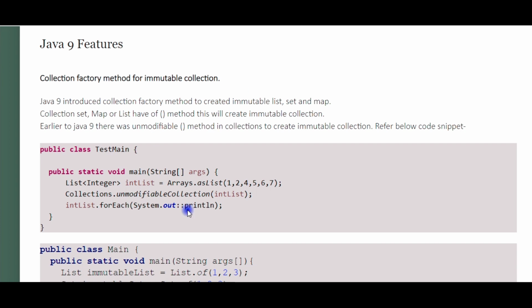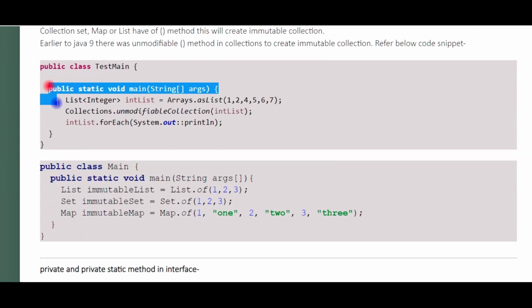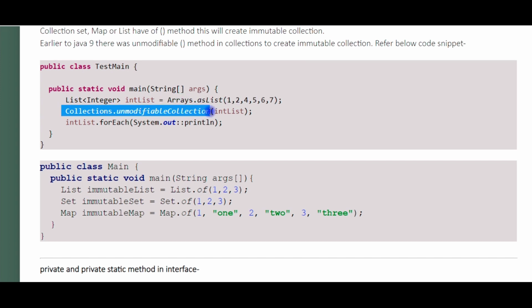In this code you can see the code prior to Java 9. Here we have created a list of integers, and when we want to convert this list into an immutable list, we simply use this method, passing this list as a parameter to the unmodifiableCollection method, and after that this list becomes an immutable list.